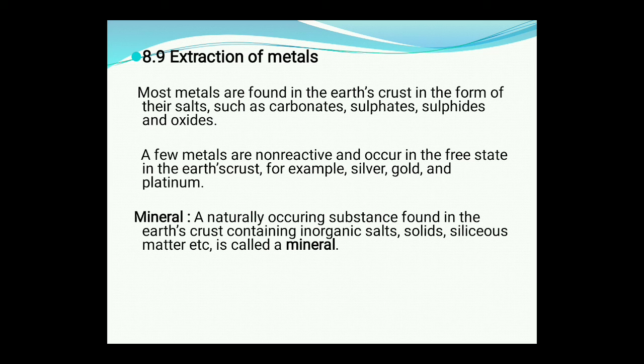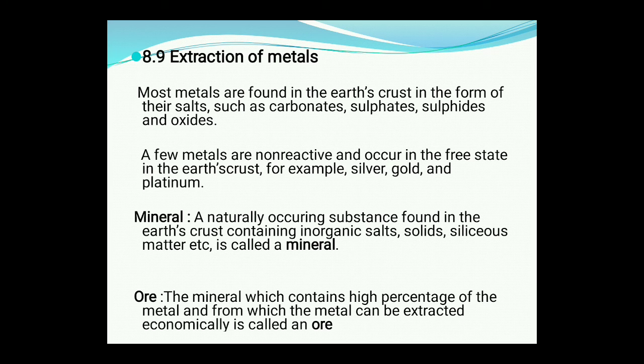Now, that mineral is again concentrated to get an ore by removing the unwanted material. So, what is an ore? Ore is the mineral itself, but which contains a high percentage of the metal. And from ore, we can extract or separate the metal economically. That means with little effort, less money, because it contains a high percentage of metal.